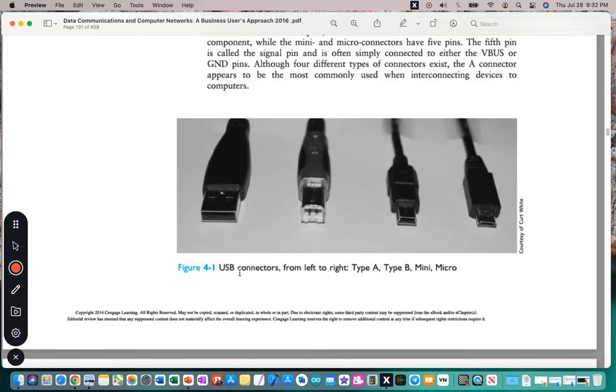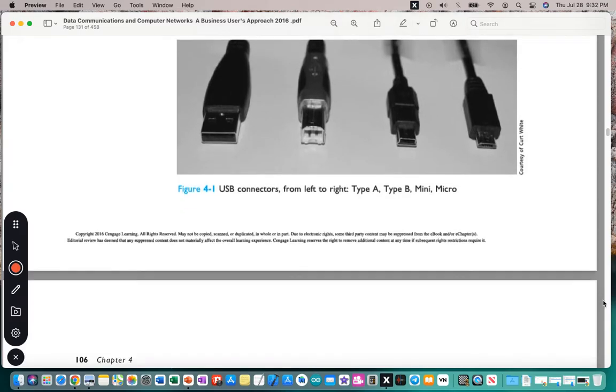And here are USB connectors: this is type A, this is type B, this is mini USB, this is micro USB. And now there is a type C USB that is used in many cell phones and tablets. All right, and then we can keep going.